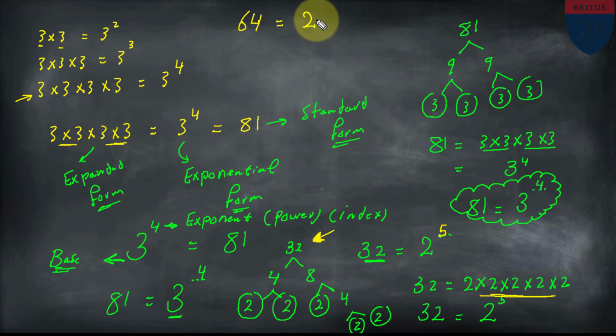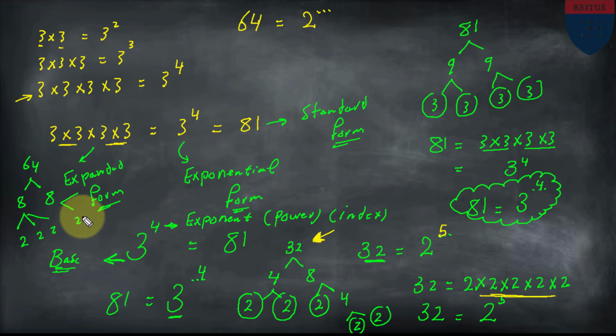64 is 2 raised to the power what? By the same way, guys. Look, 64. We can say 64 is equal to 8 times 8. What about 8? 8 is 2 times 2 times 2. We studied.